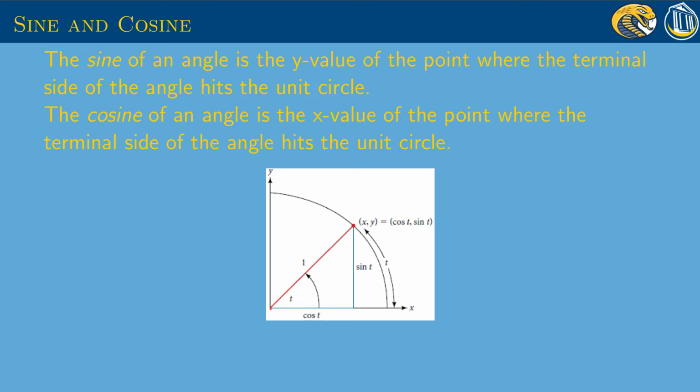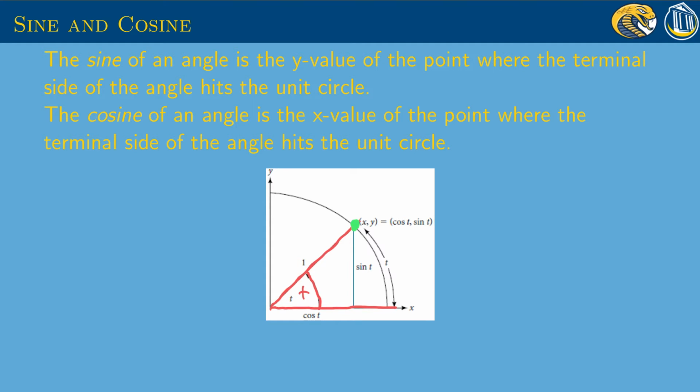If we imagine our initial angle along our positive x-axis and our terminal angle marked by the angle t right here, then sine of t, sine of this angle, is just the y-coordinate of this point right here.